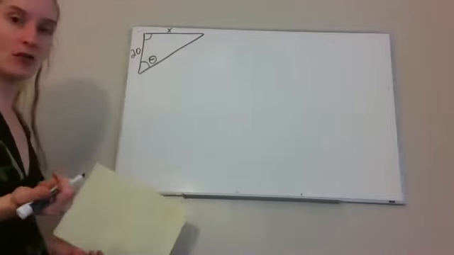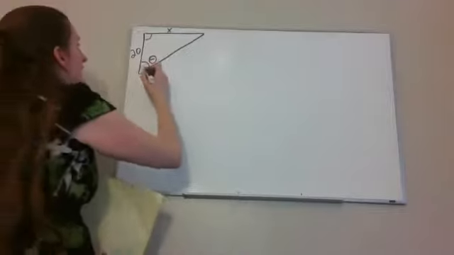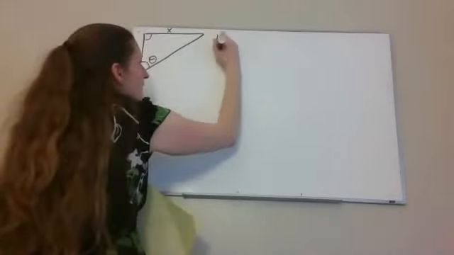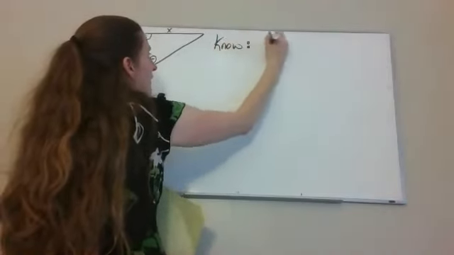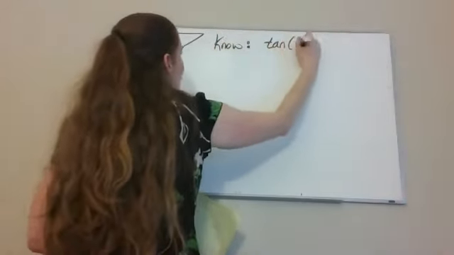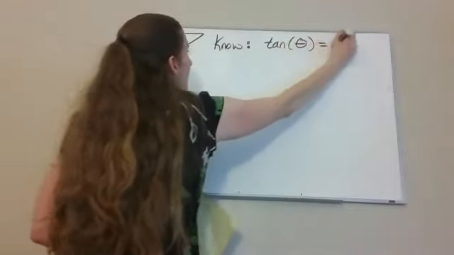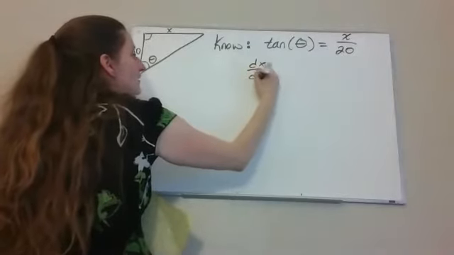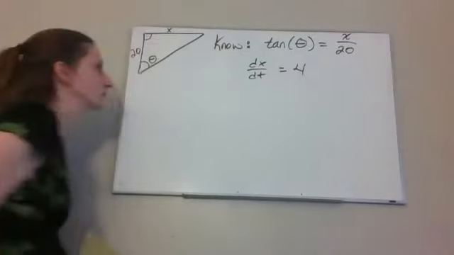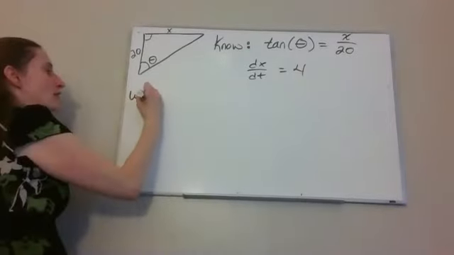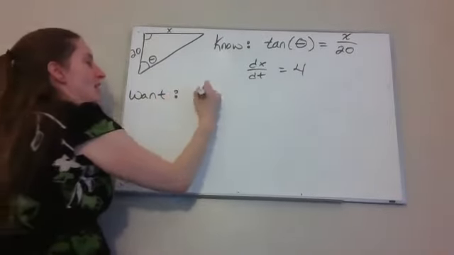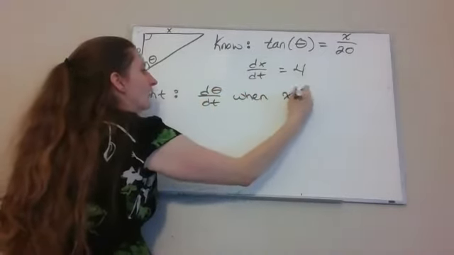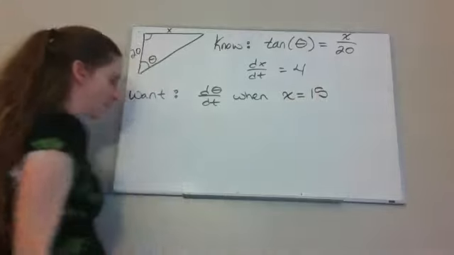Well, using all of my trig that I know, the tangent of theta is going to be x over 20. So things that I know: tangent of theta is x over 20, and dx/dt was equal to 4. The thing that I want to find is dθ/dt when x equals 15.